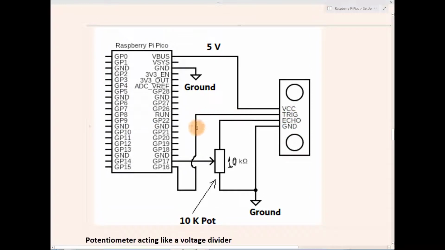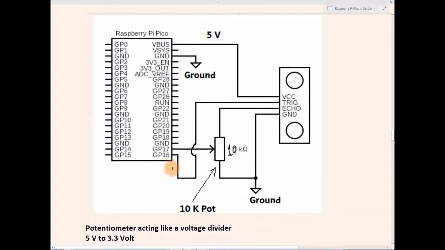Then the trigger pin is connected to GPIO 16. This trigger is the output, and the echo pin is connected to GPIO 17 through this 10 kilo ohm potentiometer. Now why are we using this component?